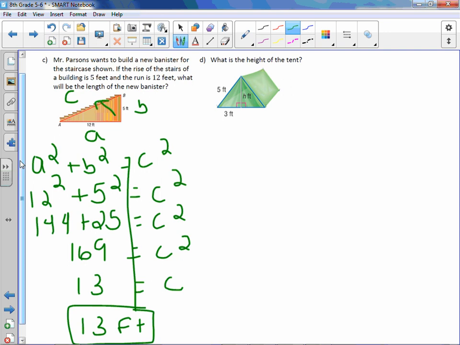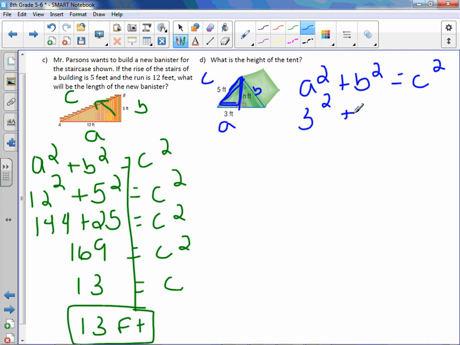What is the height of the tent? So this is interesting here. We are actually just going to use this triangle because we need a right triangle to use Pythagorean's theorem. So this is C, it's across from our right angle, and the other two don't matter. A squared plus B squared equals C squared. 3 squared plus H squared equals 5 squared.